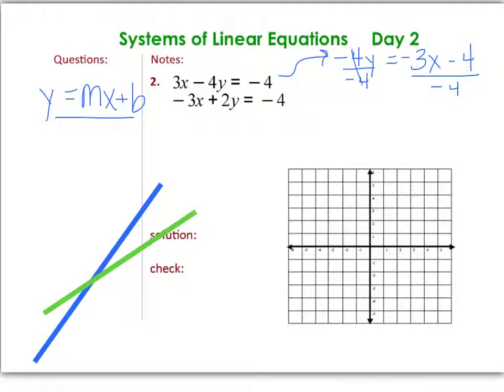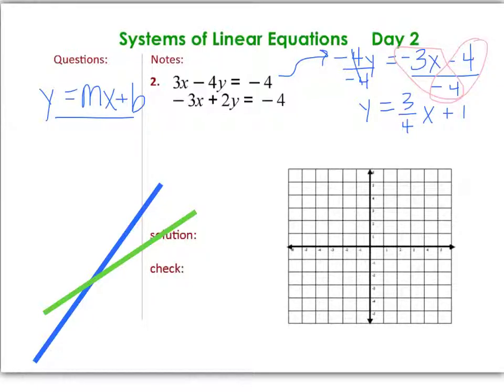Those negative 4's cancel, and I get y equals, well, we said that if you love your fraction, it'll love you back. Negative 3 divided by negative 4 gives me a positive 3/4x. Negative 4 divided by negative 4 gives me positive 1.